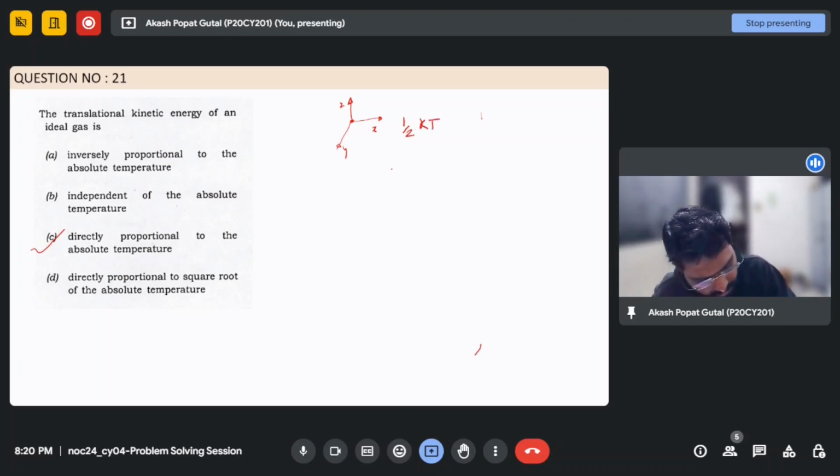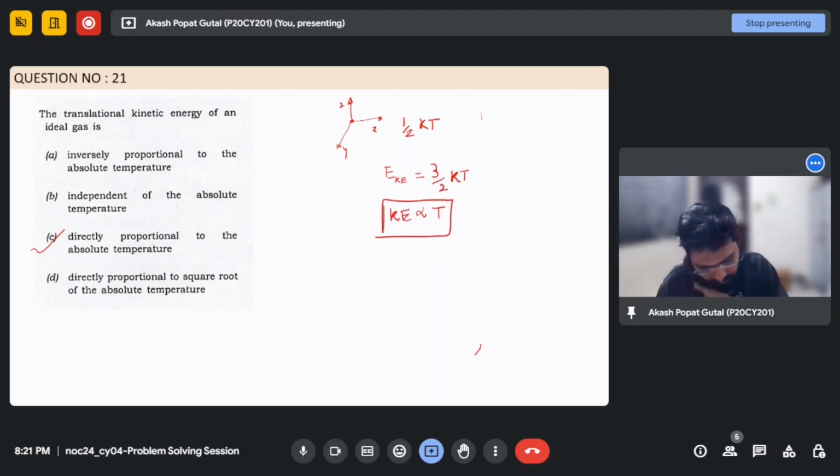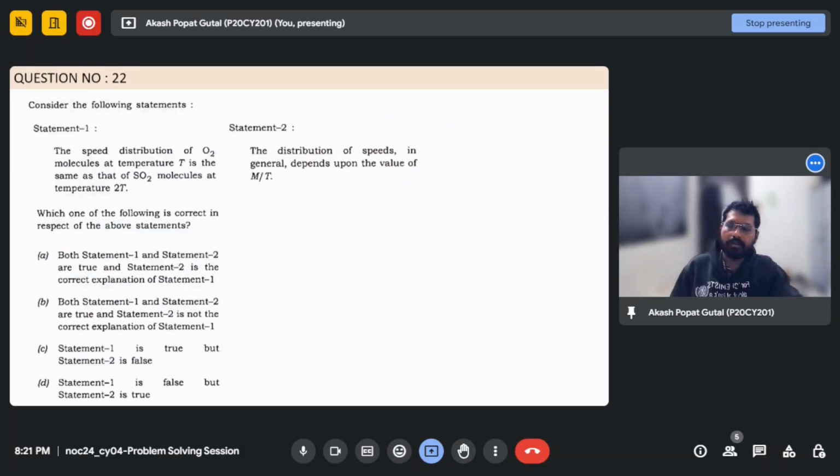So that's why the kinetic energy will be 3 by 2 kT. So it's directly proportional to the temperature. It's for an ideal gas.